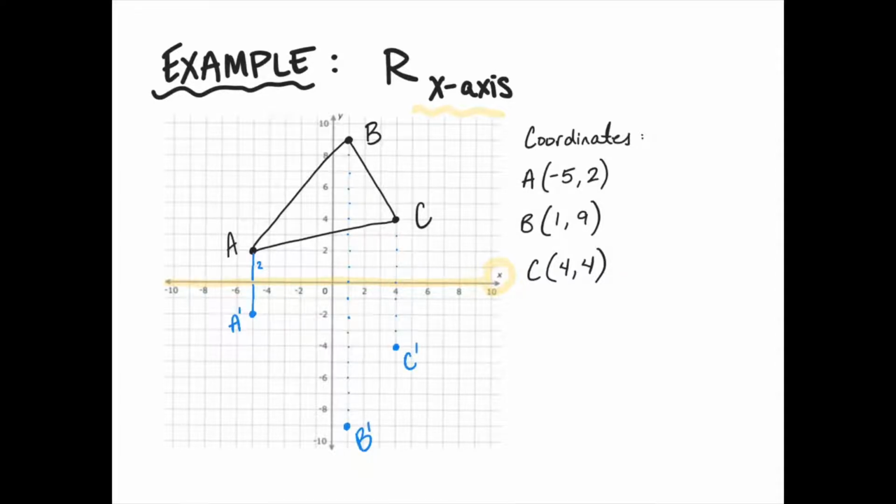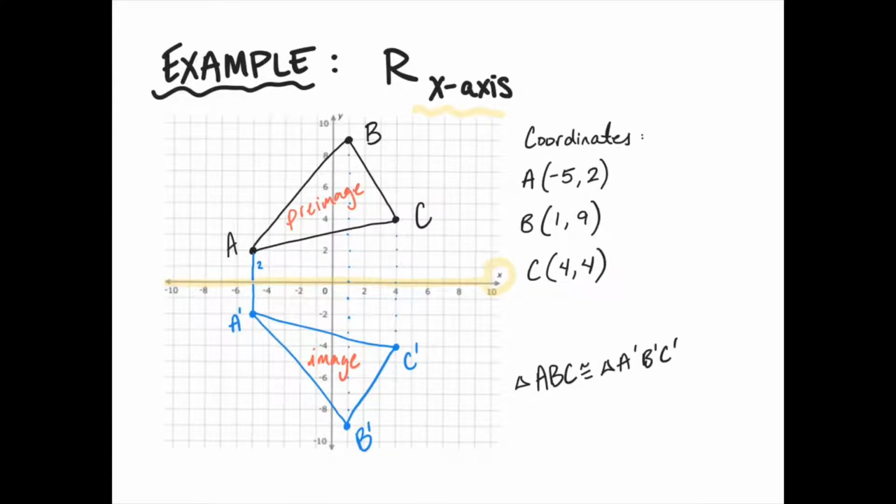So there's A prime, B prime, C prime, the image. You start with a pre-image and you end up with an image. So I could label this pre-image, and this would be the image. And you can see that it's a rigid motion because triangle ABC is congruent to triangle A prime, B prime, C prime.